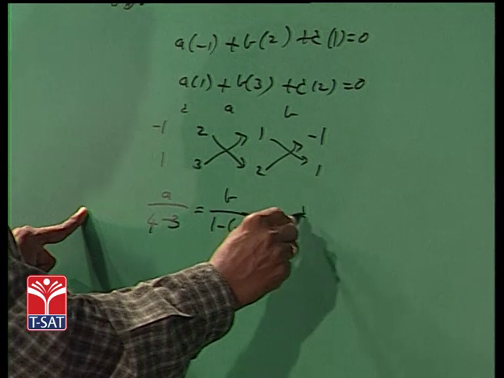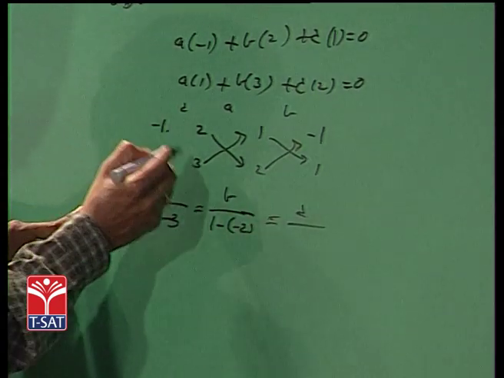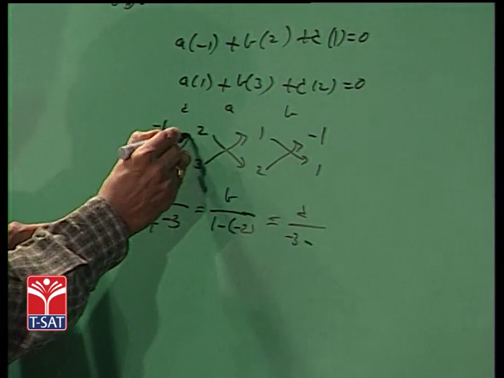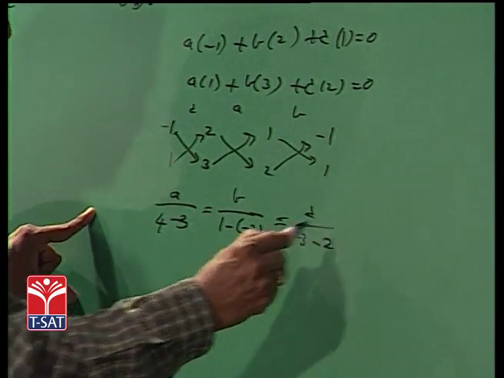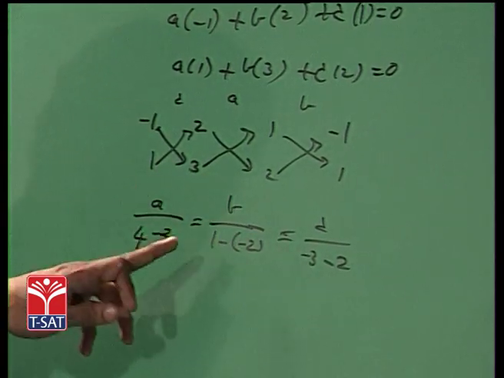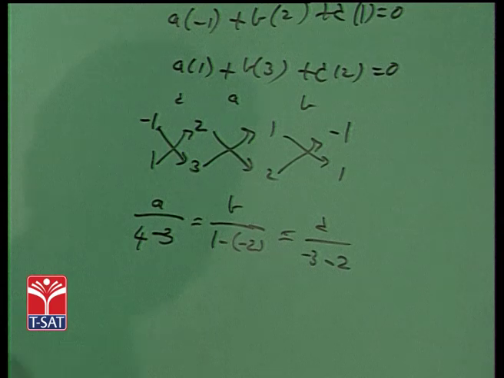Similarly, do it for c. So, it is c by minus 1 into 3 is minus 3 minus 1 into 2 is 2.